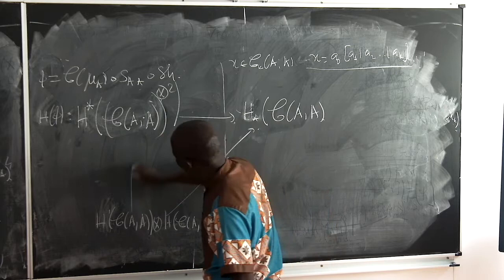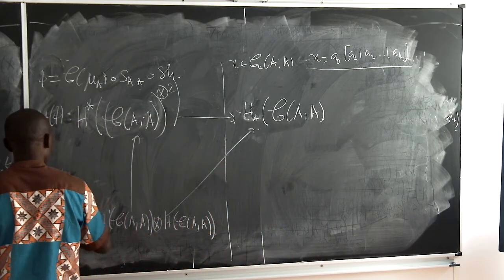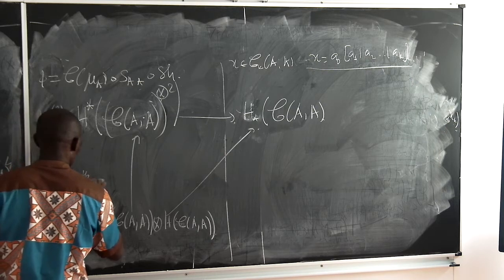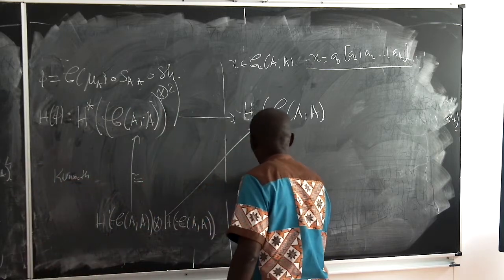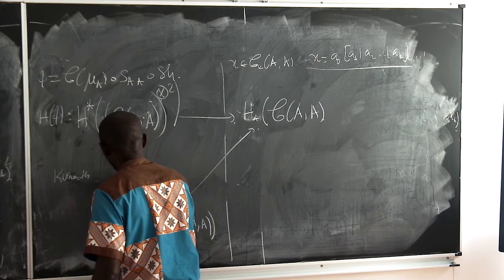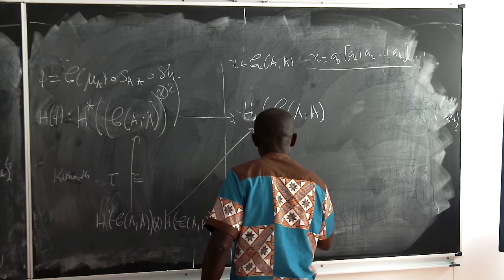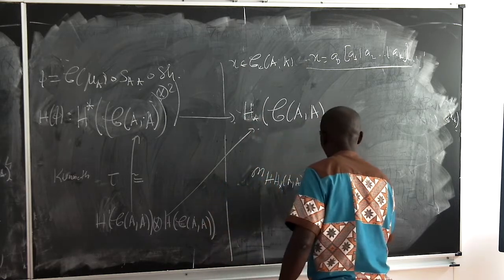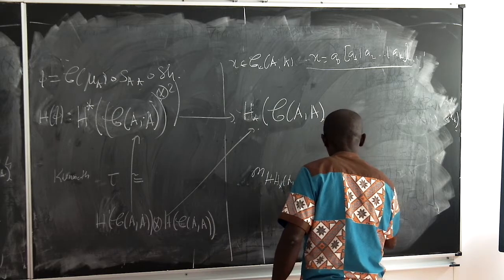We use the Künneth isomorphism because we are working over a field. It's an isomorphism. So finally, the product we have, we call this isomorphism tau. The product on the Hochschild homology of A with coefficient A is just phi composite by tau.